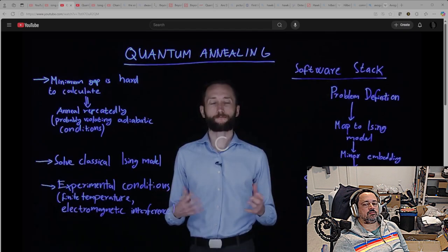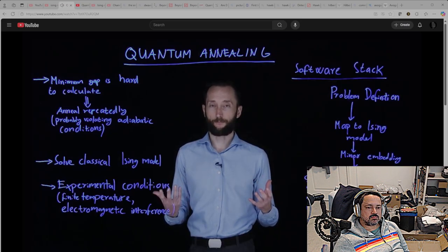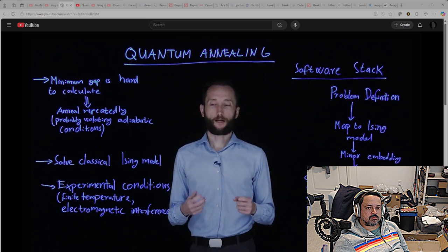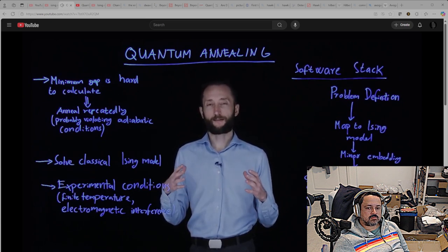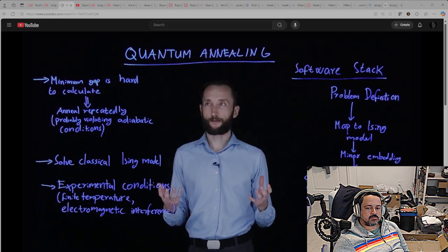This is a way to exploit a phenomenon known as the adiabatic theorem to perform universal quantum calculations. We can also do something slightly different. Adiabatic quantum computation is somewhat idealized, and a less idealized version is quantum annealing.